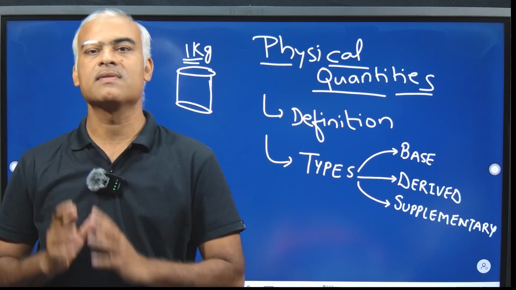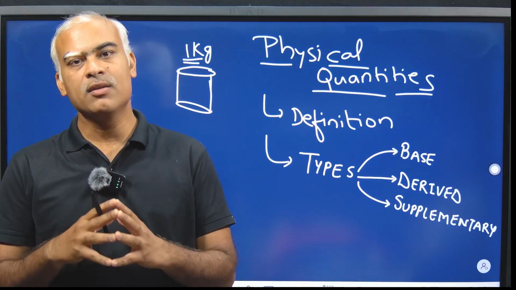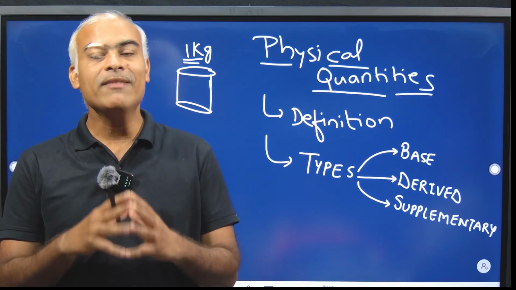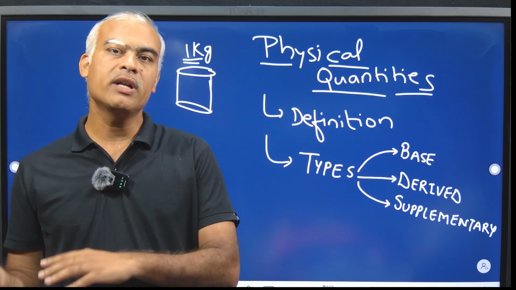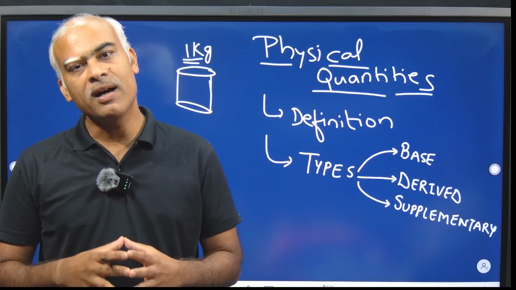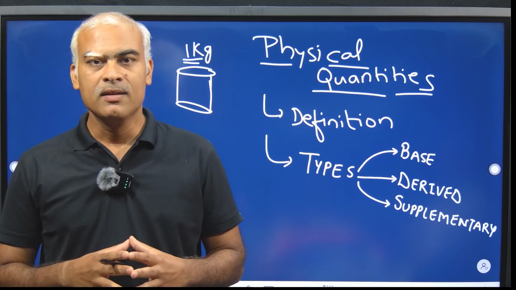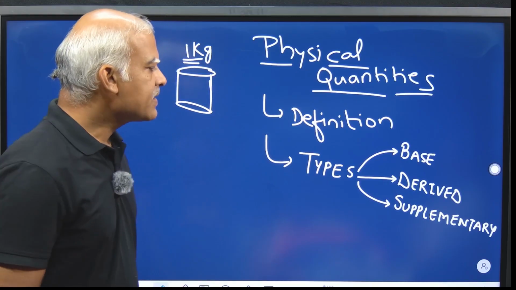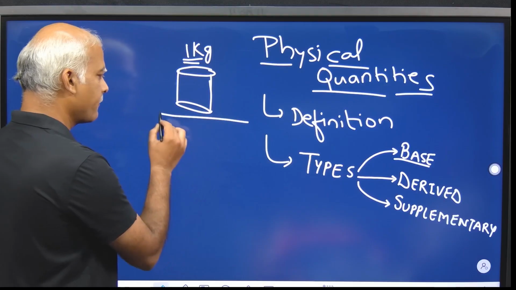That becomes a reference. So that is why we reserve certain physical quantities which are self-defined. They are self-defined physical quantities. That means they do not require any other quantity to be defined, and they are required for the explanation of a particular quantity. So starting with the base, we will have 7 types of base quantities.